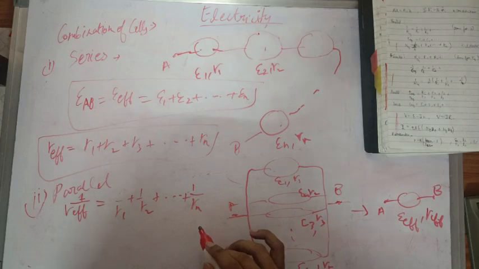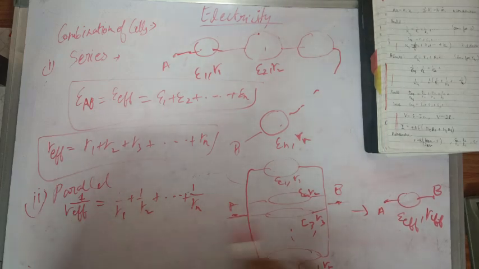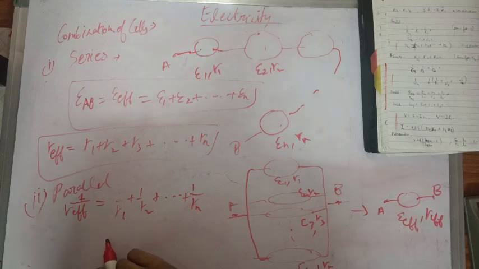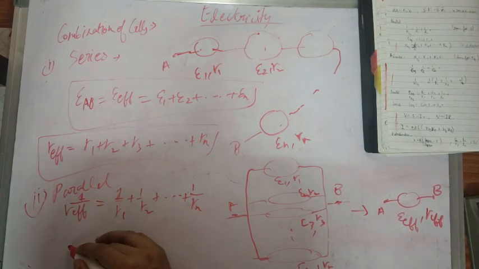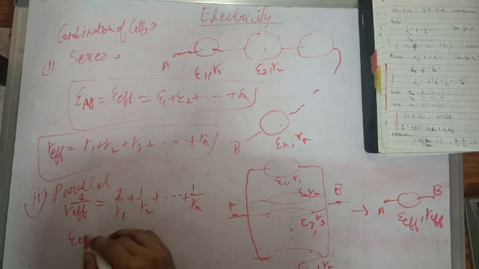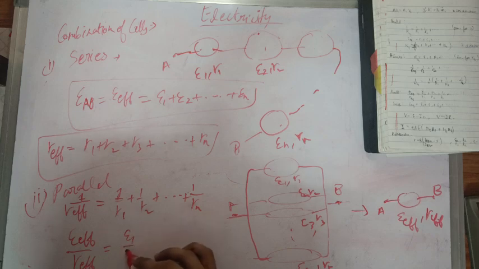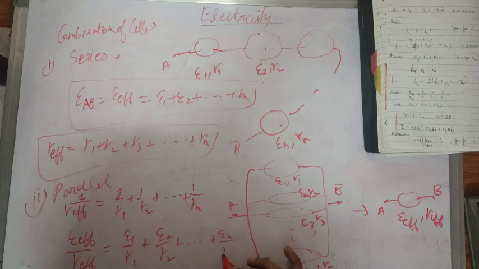So first we have to take the effective resistance, and then we calculate the E effective, which is E effective upon R effective is equal to E1 upon R1 plus E2 upon R2 plus and so on, plus En upon Rn.